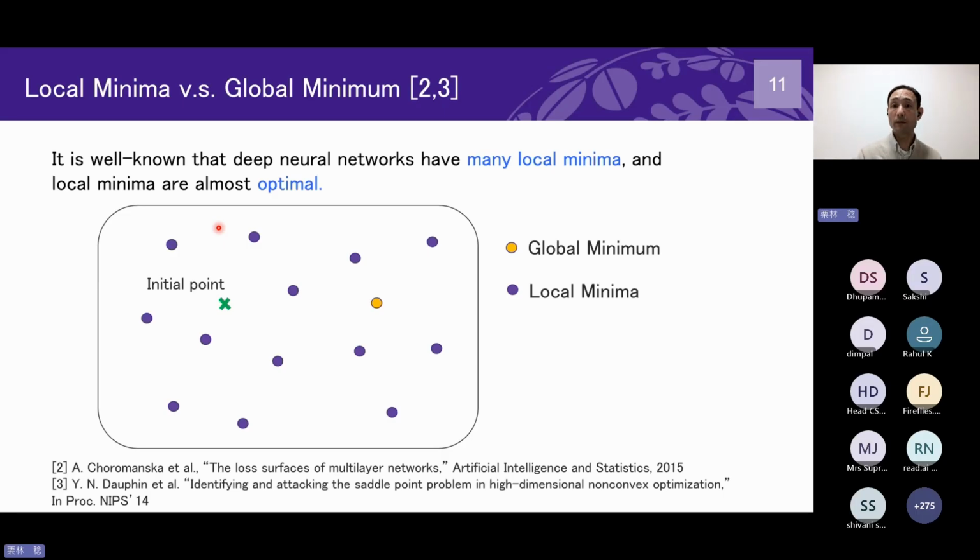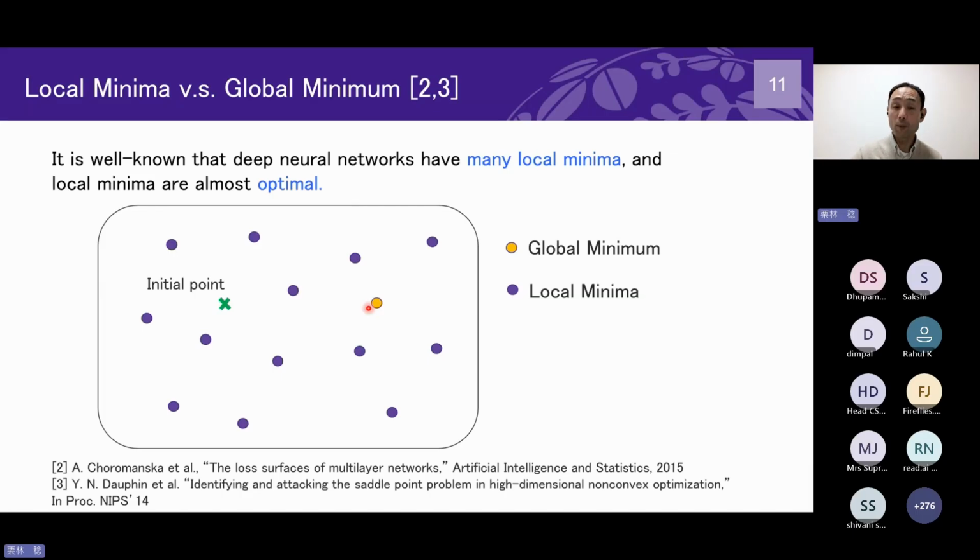Therefore, they have many local minima, and the local minima are almost optimal. I mean, in the feature space, there are some local minima, and this one is a global minimum.